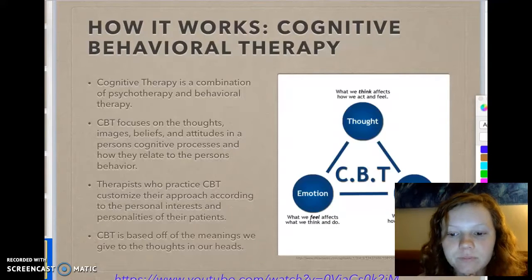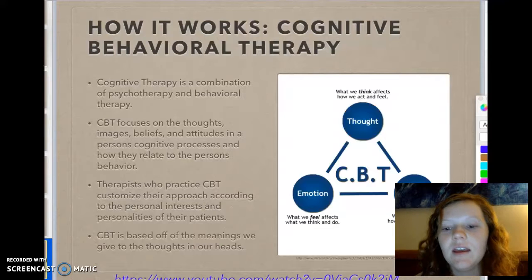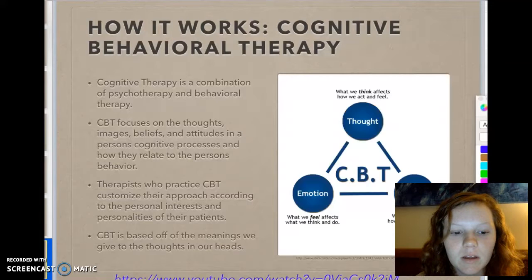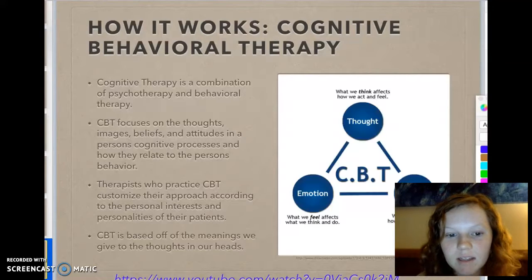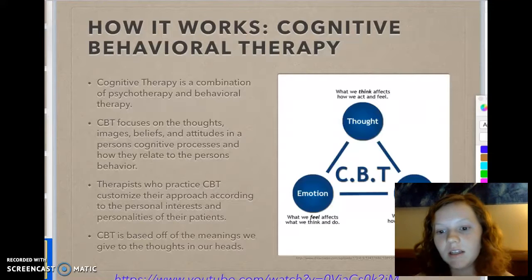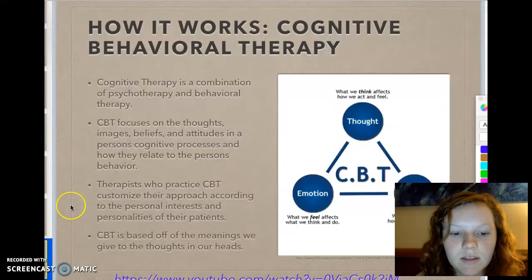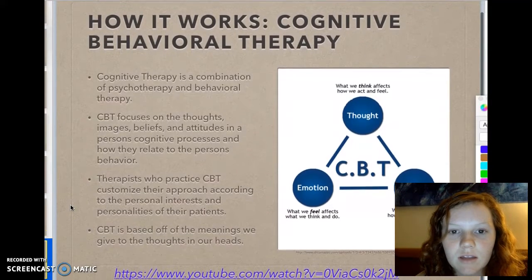The therapists who practice CBT specialize in zooming in on their patients' personalities and interests and getting right down to the root of the problem. Their thoughts, images, beliefs, and attitudes. See if any of these things are going to lead to the abnormal behavior, such as not being able to sleep. So, it's basically based off of the meanings we give to the thoughts in our heads.